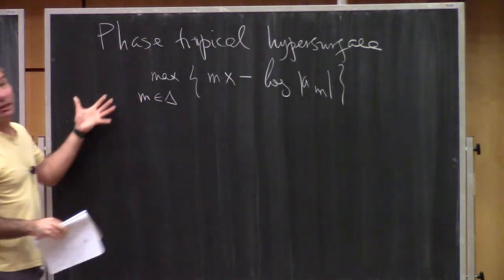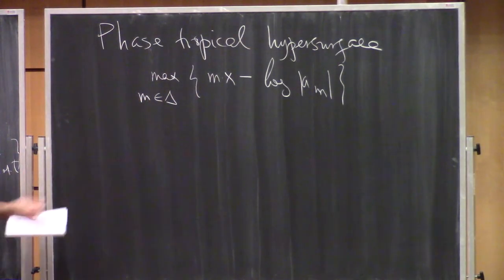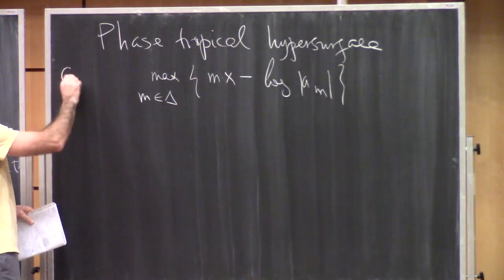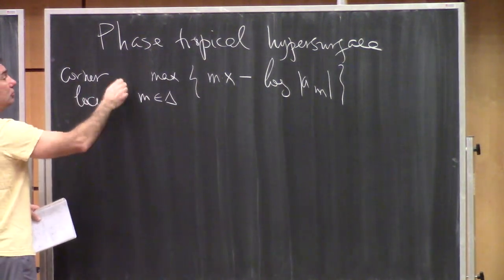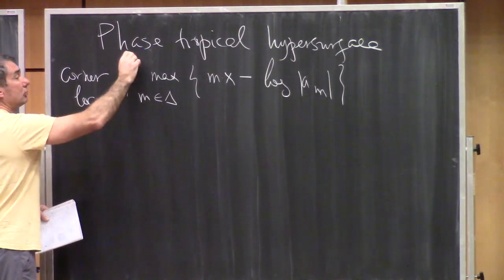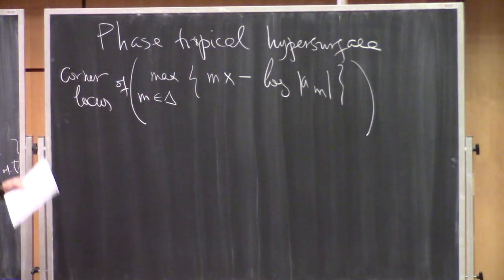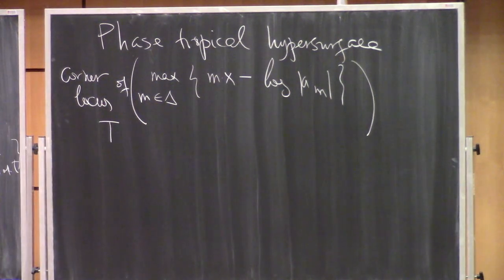So this is a piecewise linear function, convex piecewise linear function. It's given by a maximum of a bunch of linear functions, and you take its corner locus. And then you see this polyhedral complex, which let me call it X.